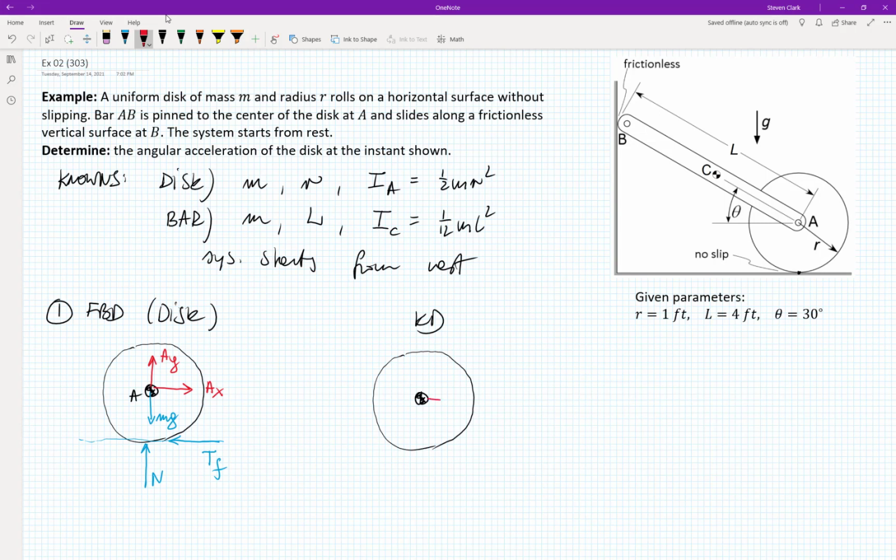How about inertia forces? In here we have m a_Ax, m a_Ay, and also our body can rotate, I_A alpha disk. Oh, and by the way, they ask us to find alpha disk. Alpha disk is what they want us to provide.